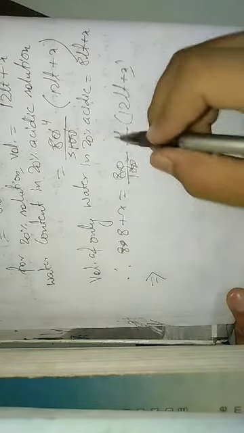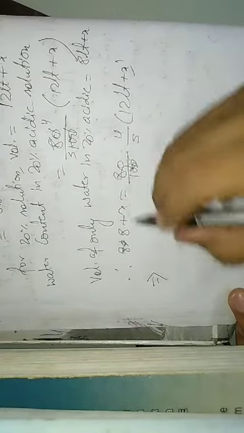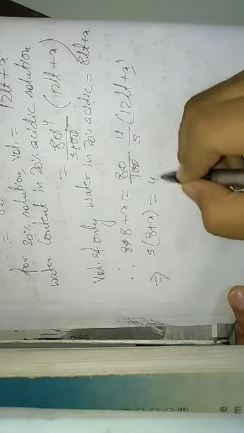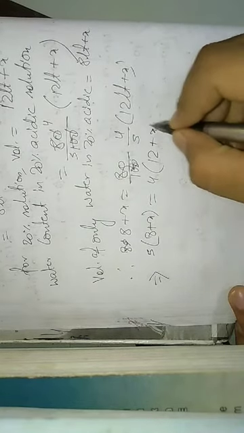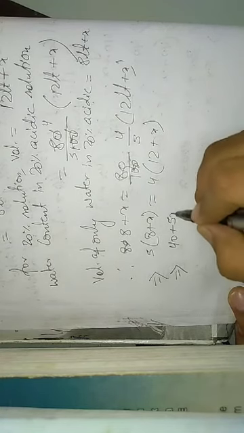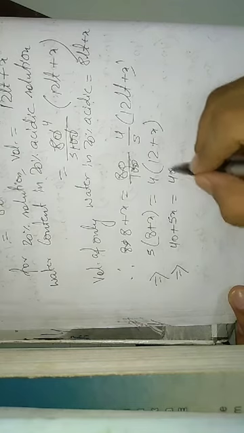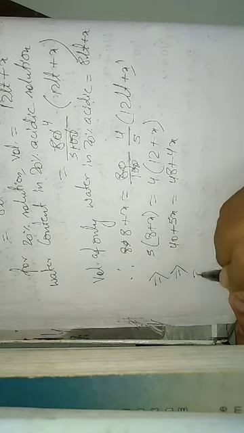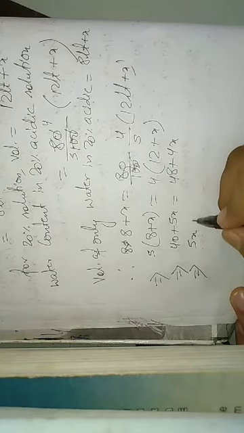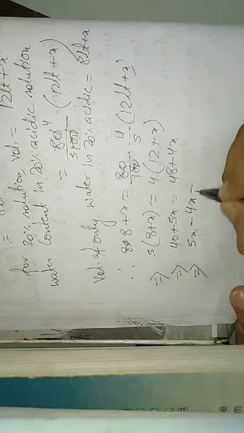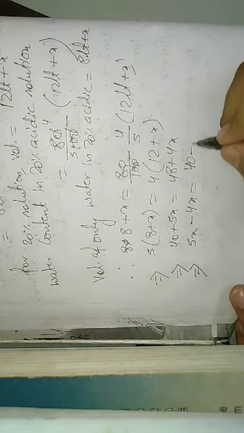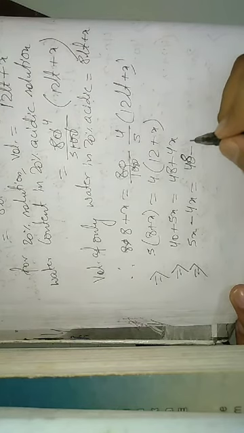Which implies cross multiplication: 5 will be multiplied with this. 5 into 8 plus x is equal to 4 into 12 plus x, right? 5 8s are 40 plus 5x is equal to 12 4s are 48 plus 4x, correct? 4x will go over there, so plus 4x will become minus 4x, which is equal to 48, and transposition of 40 will take place, plus 40 will become minus 40.